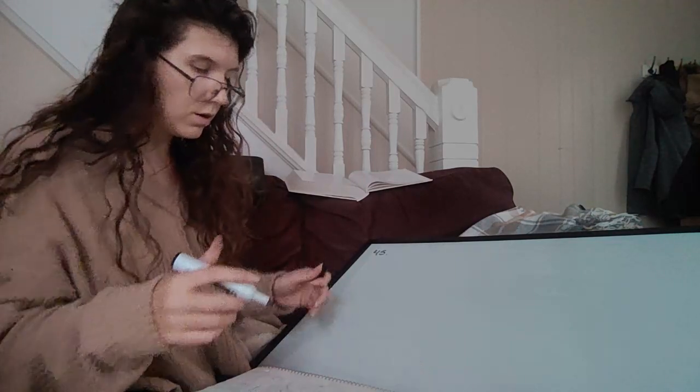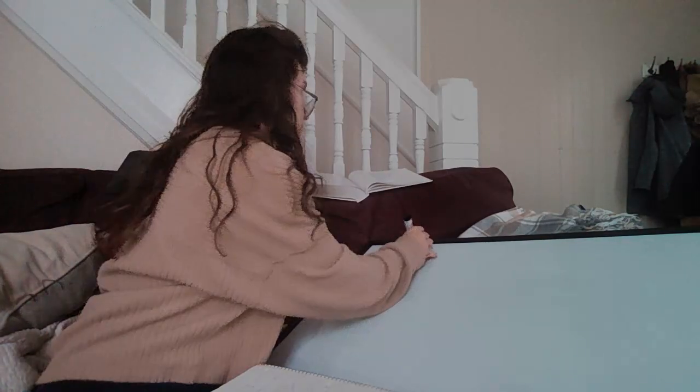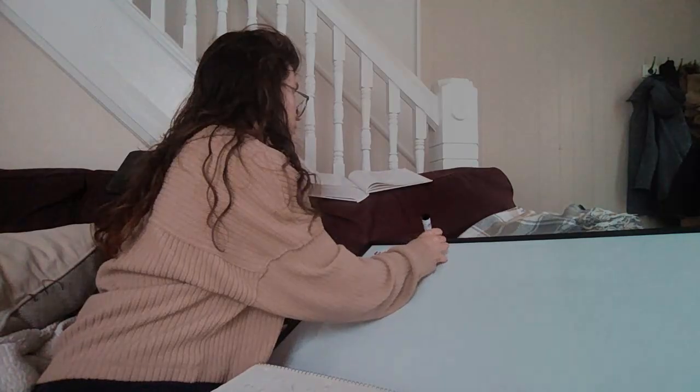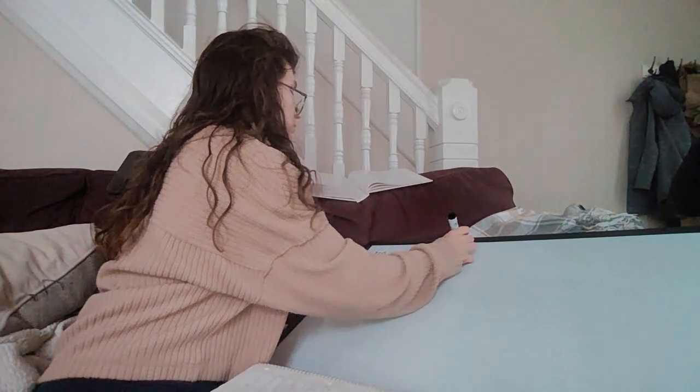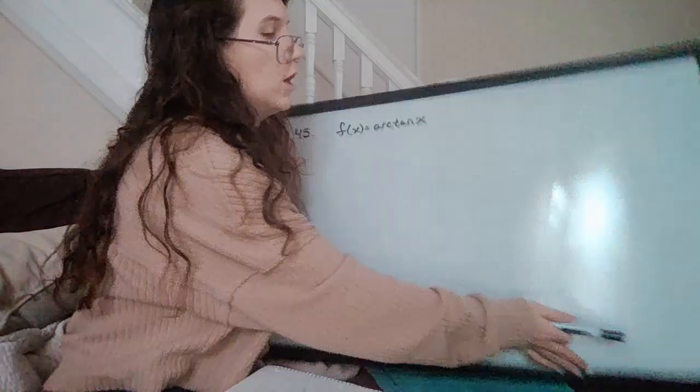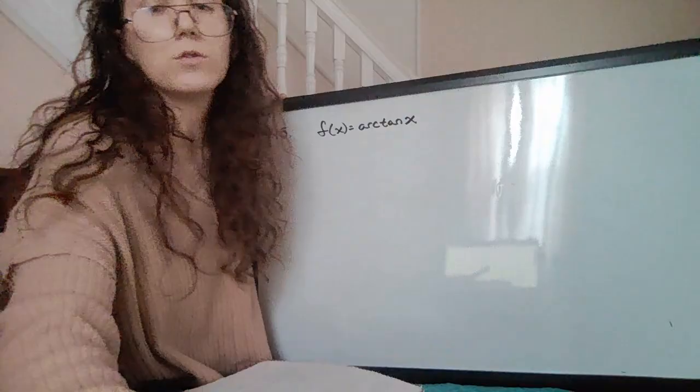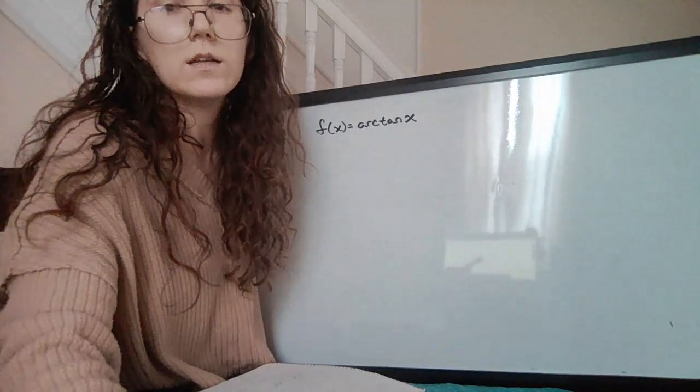All right, so if we have the function arctan of x, what is the radius of convergence if we do the power series representation of this? So we're actually going to be doing something very similar to what we just did.